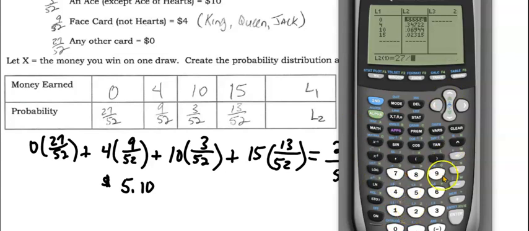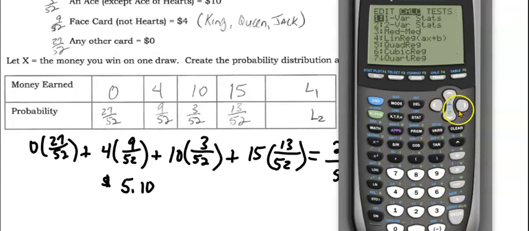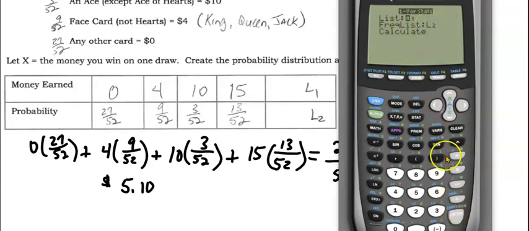So 27 divided by 52, 9 divided by 52, 3 divided by 52, and 13 divided by 52. Once I do that, stat, slide over to Calc, one variable stat, make sure the list is L1 and the frequency list is L2, if those are the two lists we used, and we see the expected value is one and the same.